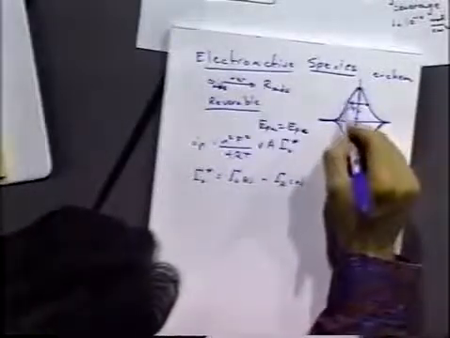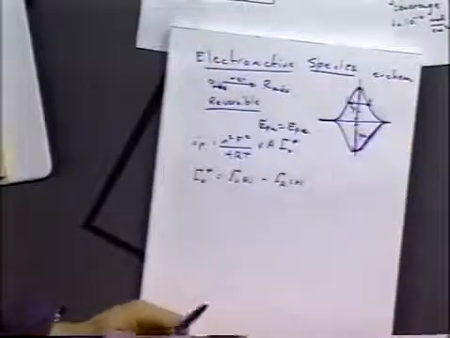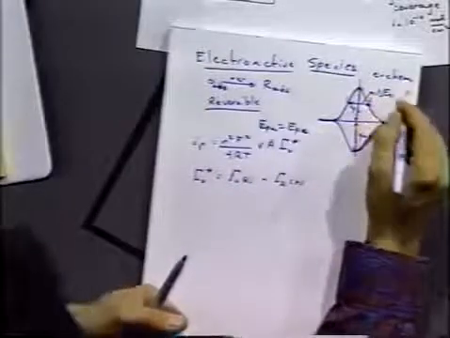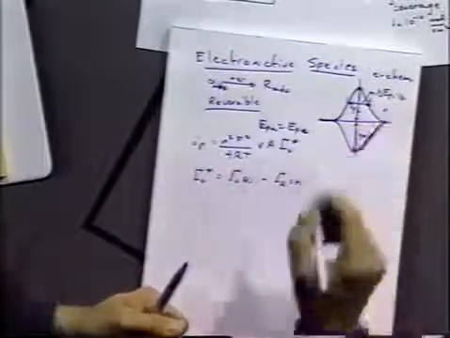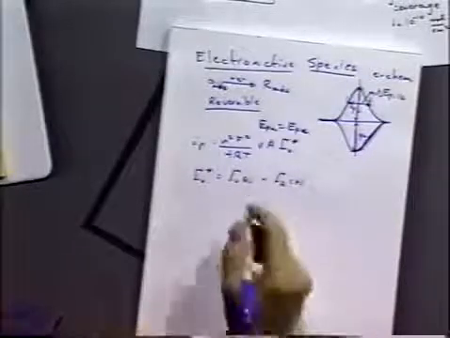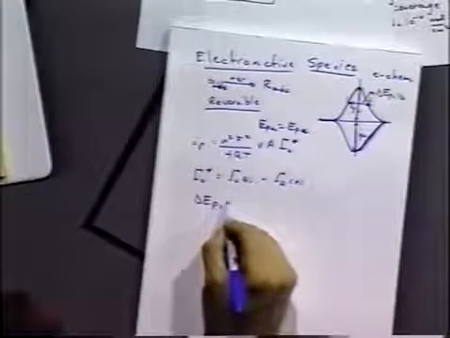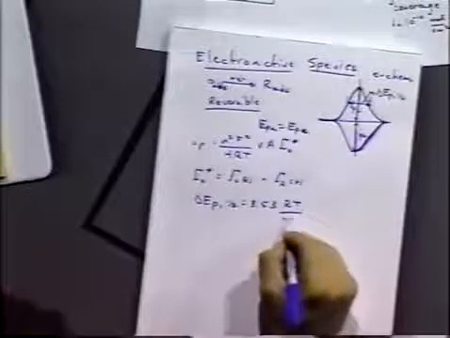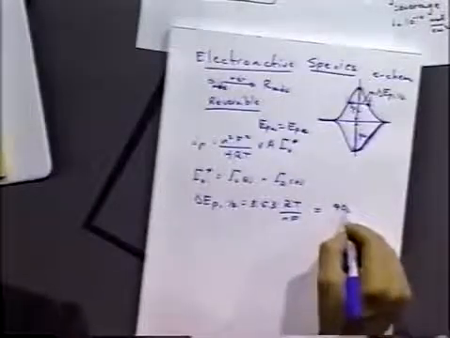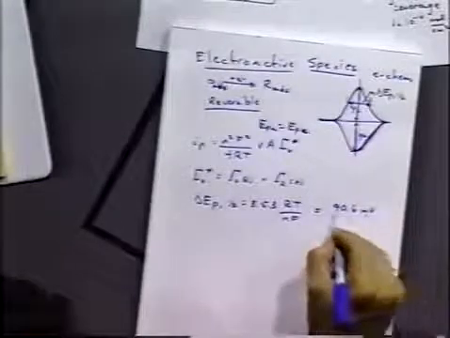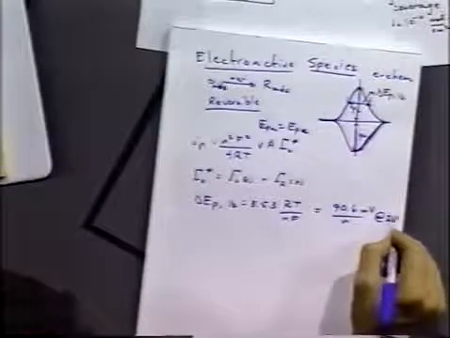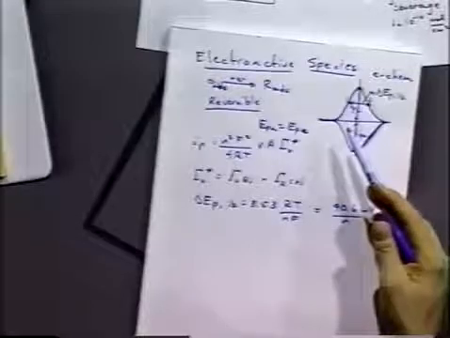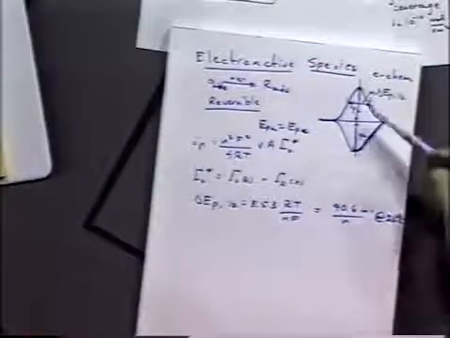We can also define this amount here as our half-peak potential, so-called delta E_P 1/2, and that turns out to be 3.53 RT over nF, or about 90.6 millivolts per n at 25 degrees C. So as we increase the number of electrons, the sharper that peak becomes, just like it did in the CV case for diffusion-based processes.